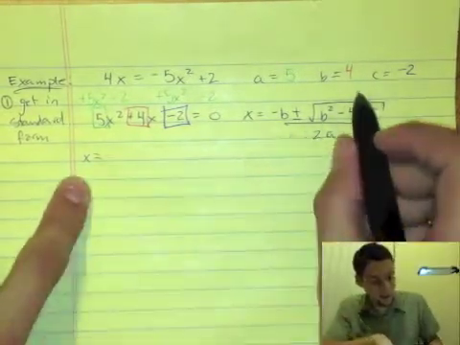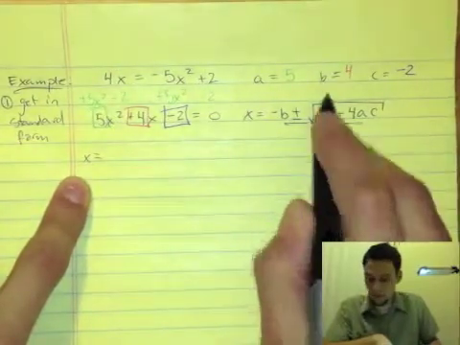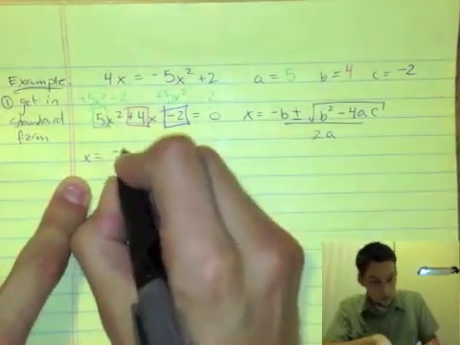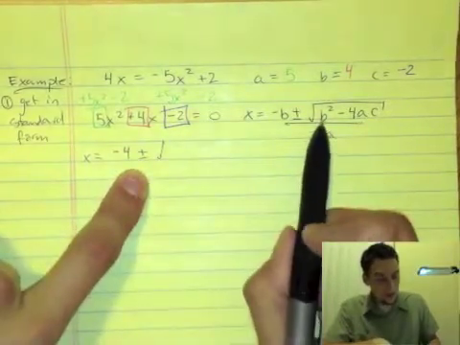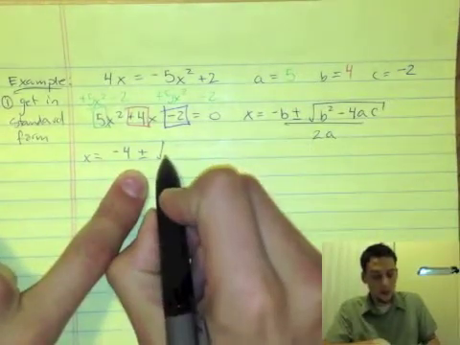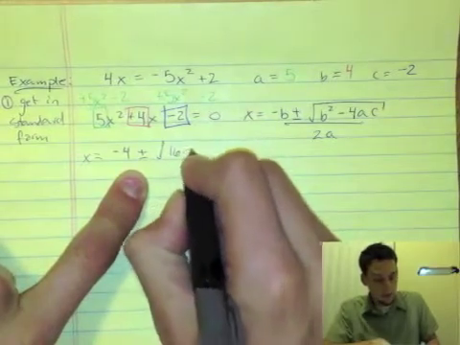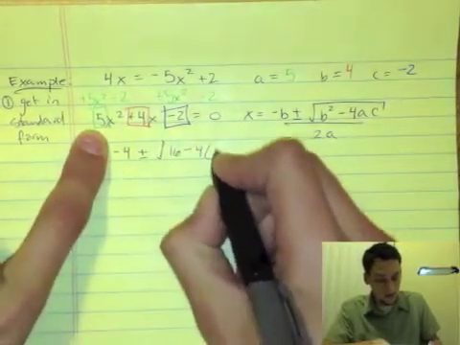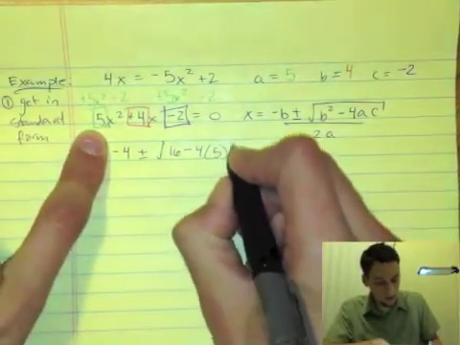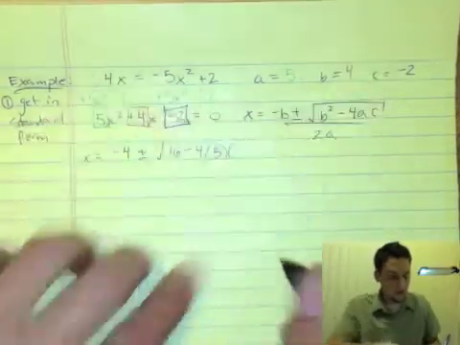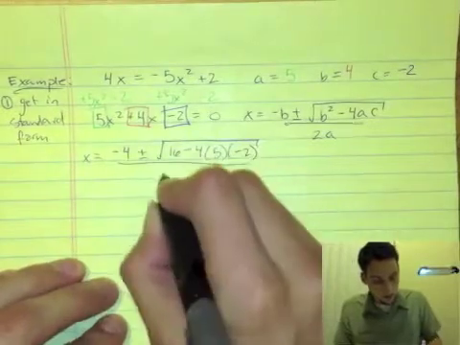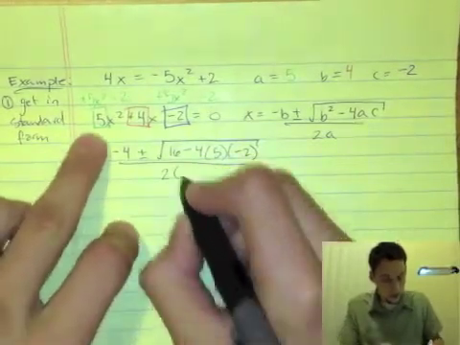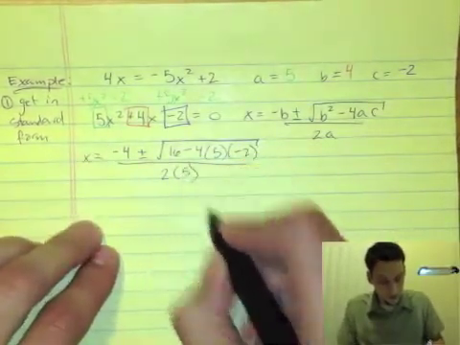X equals opposite of b. b is 4, so opposite of 4 is negative 4, plus or minus square root of negative 4 times negative 4, 16, minus 4 times a, which is 5, and times c, which is negative 2, all over 2 times a, which was 5.